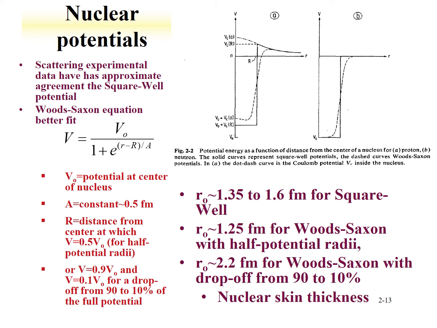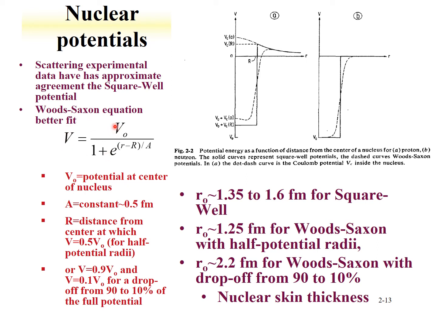Now, the data actually seems to point to a Woods-Saxon fit, and this is the dashed line. The difference is that with the square well, the distance here is a little bit smaller at the bottom of the potential and larger at the top of the potential. The reason for this is that the Woods-Saxon potential can describe some of the variations in nuclear density as a function of distance from the center of the nucleus.